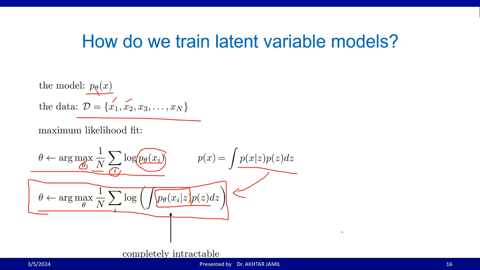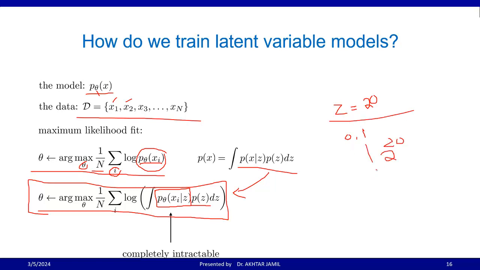Just for an example, understand कि x जो है, उसका जो dimension है, let's say how many dimensions that we want to keep for this z is important. Let's say if we have 20 and assume करेंगे हर pixel का जो possible value है वो binary है, 0 और 1. So essentially we need to integrate over 2 to the power 20 different values.